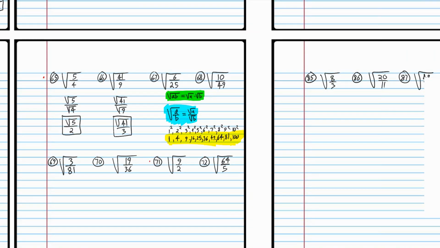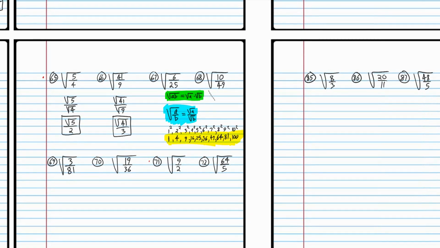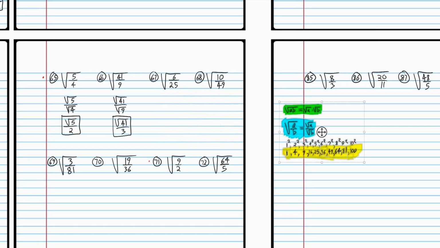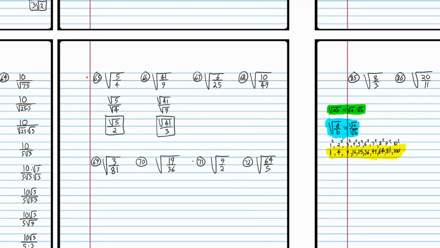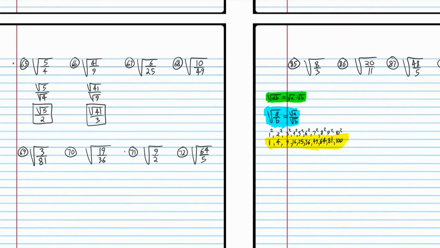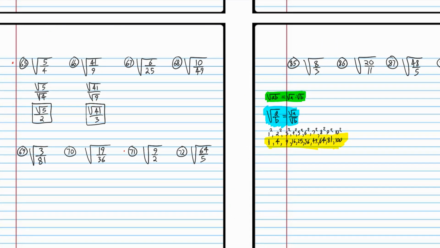So as you can see, these problems are pretty easy. But there's a lot of different types of these problems. This is about the 4th or 5th type of problem we've done. So the hardest thing for you to do is to figure out what exact method to use to simplify these fractions with roots, or just to rationalize the denominators.